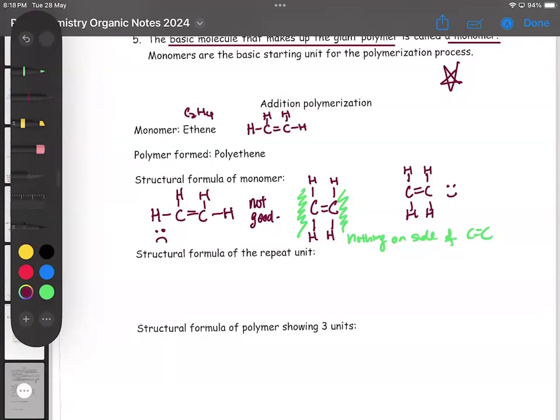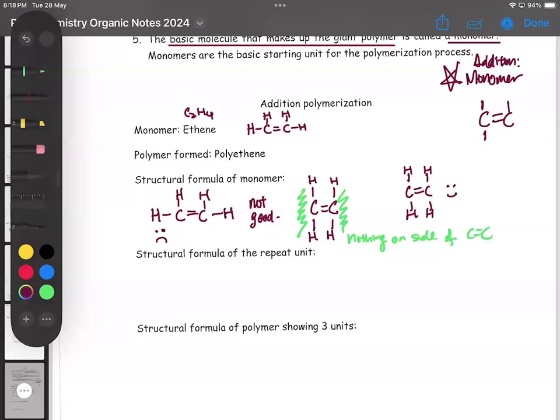Eden, we are doing addition polymer right now. Just starting. So remember, for your addition polymer, it must be drawn like this.